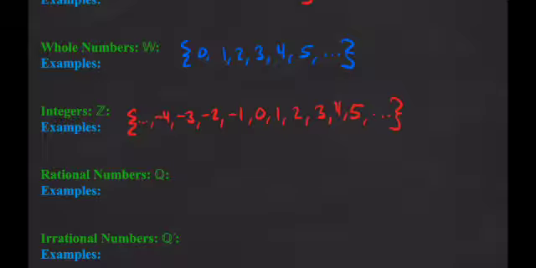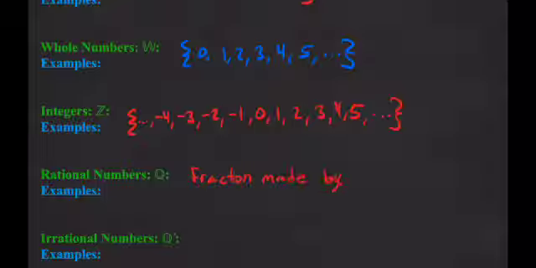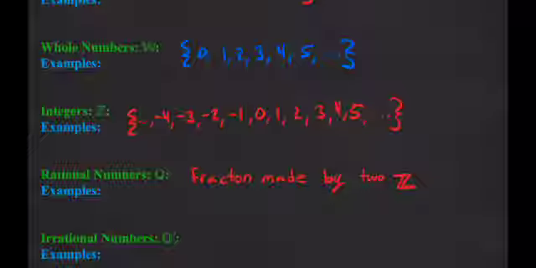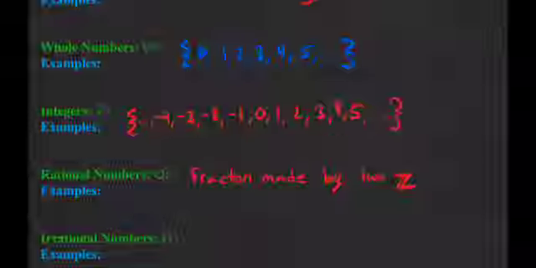So let's write this out. Fractions made up or made by 2 integers. And I'm going to use our fancy little Z to indicate integers because that's a lot quicker to write than having to write out the whole word integers.